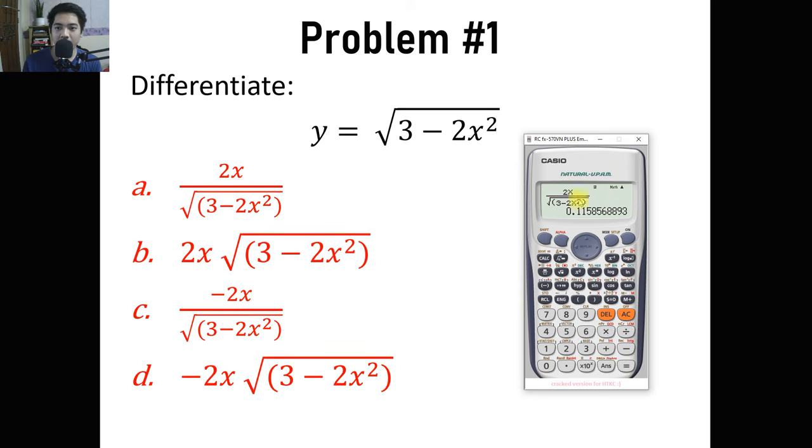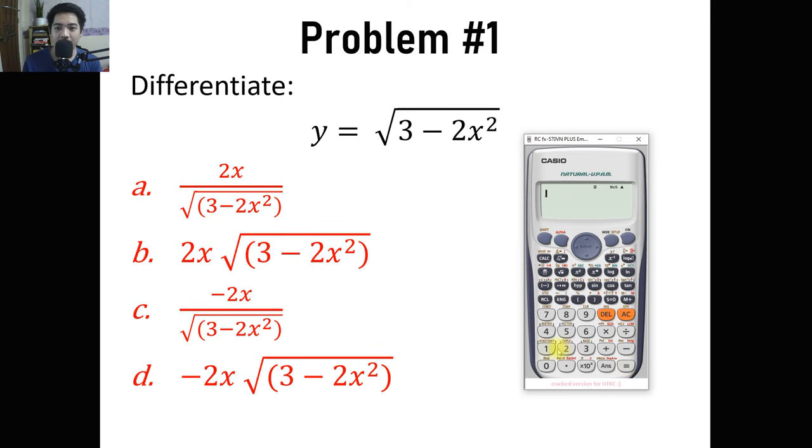We're going to compare this answer to the value stored in variable A from our calculation a while ago. If we divide this and it equals 1, then that is the answer. Negative 1 is not the same as 1, so this is not the correct answer.